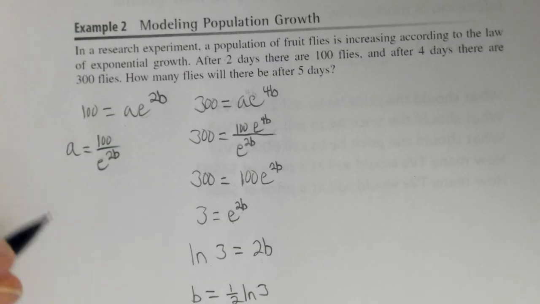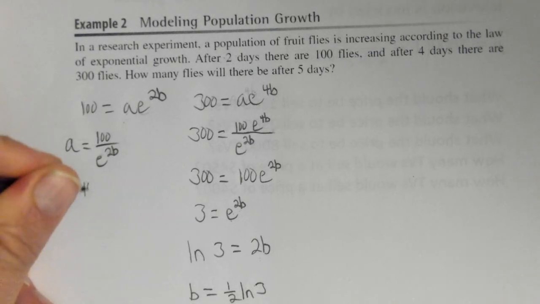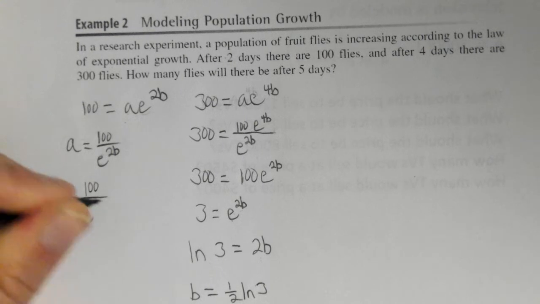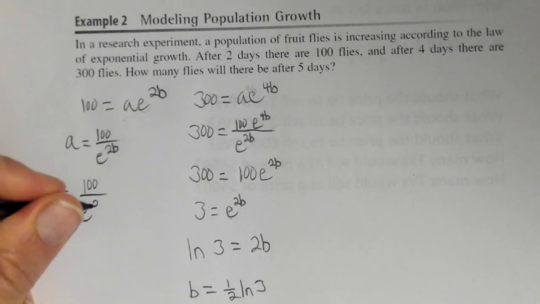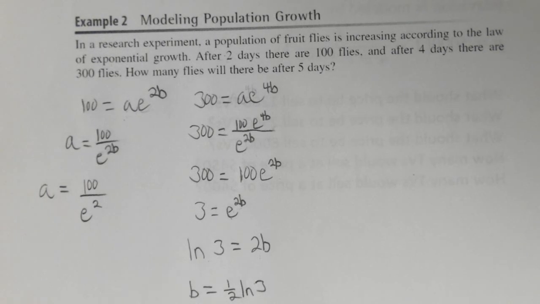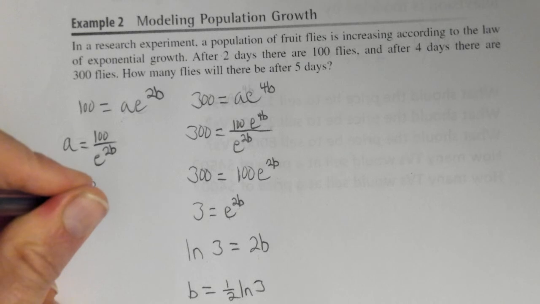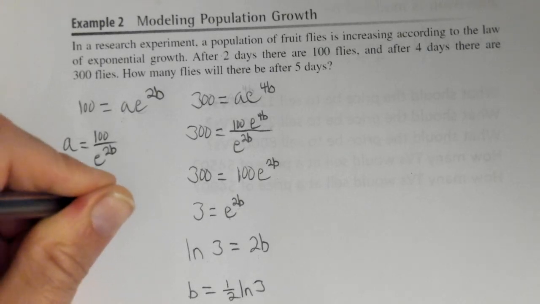So now rewriting this, I've got a equals 100 over e times 2, and instead of plugging that decimal in there, I think I'm going to leave it just like this, times 1/2 natural log of 3.